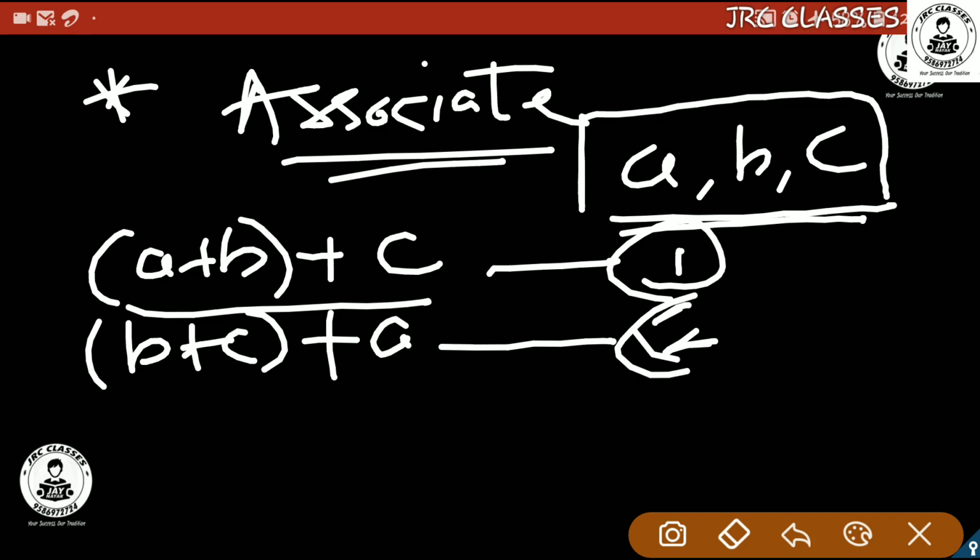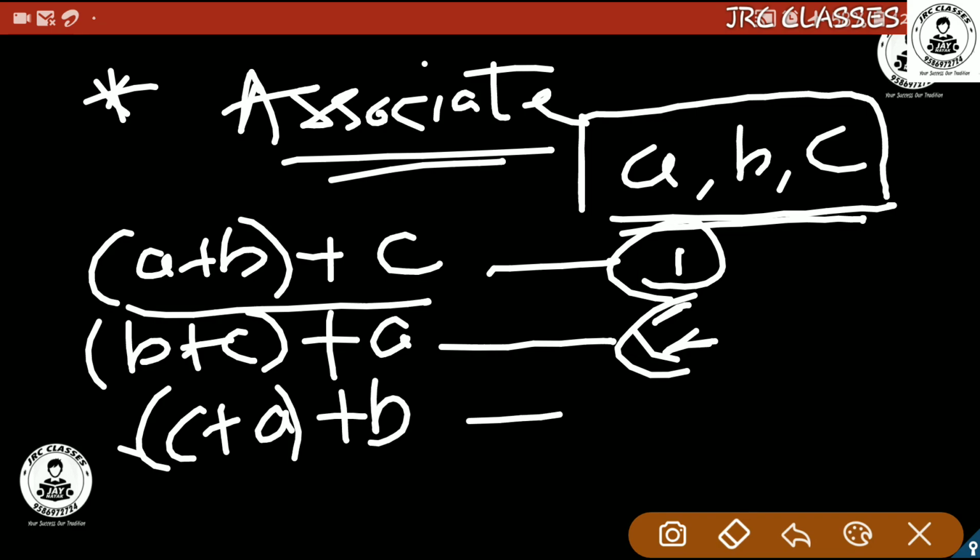Then the third and last is we can make a group of c and a and we can add b. This was our second, and this is the third one. Now let's see.